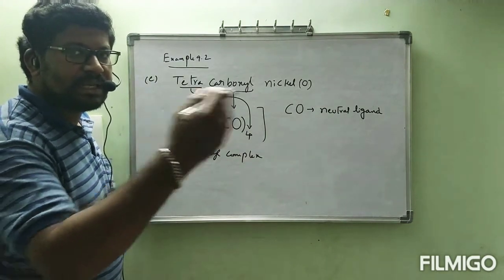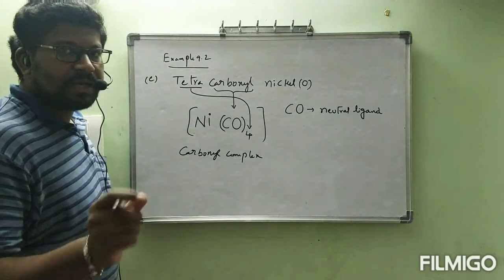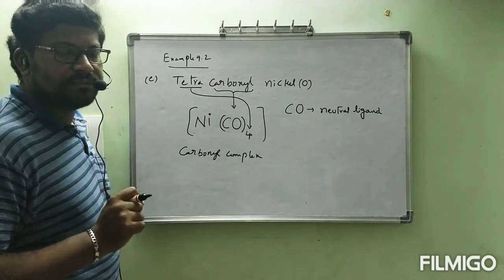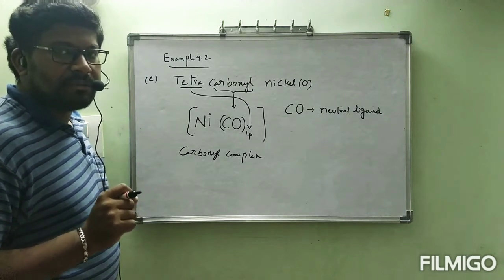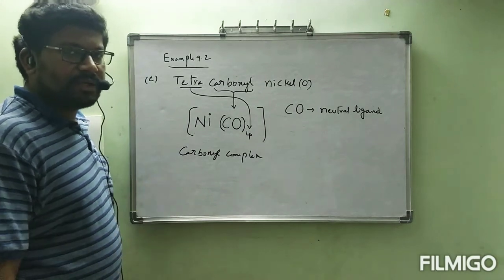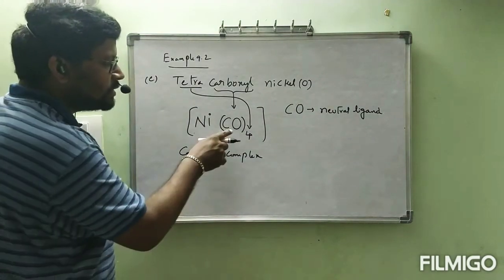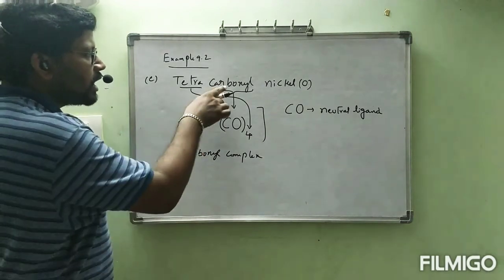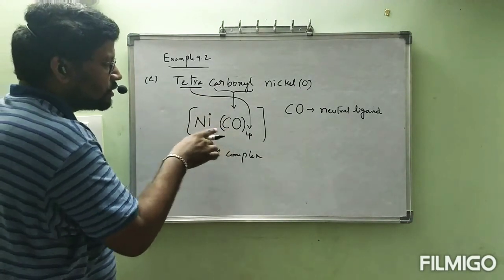That one we will discuss in the next coming classes. That is separately given as bonding in metal carbonyls. At that time we will clearly discuss the bond present between CO and Ni. Now we have to understand: carbonyl means CO, tetra 4, nickel.